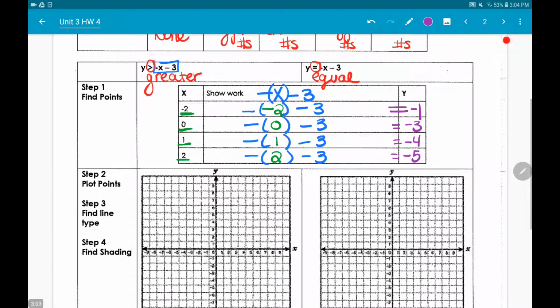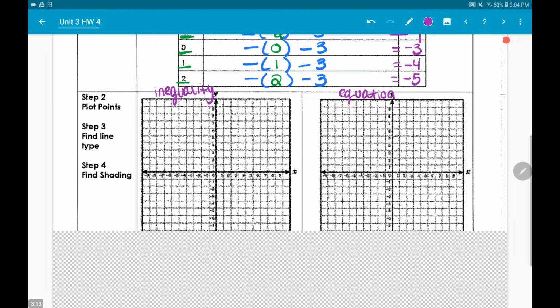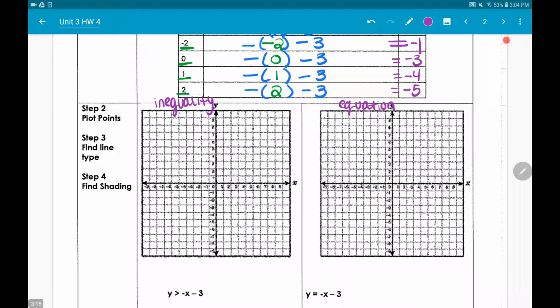All right, so on this side is going to be my inequality, and on this side is my equation. But our points are going to be exactly the same. So our coordinate for this first one, let me switch up the color, is negative 2, negative 1. So I find negative 2 on my x and negative 1 on my y. That's here.